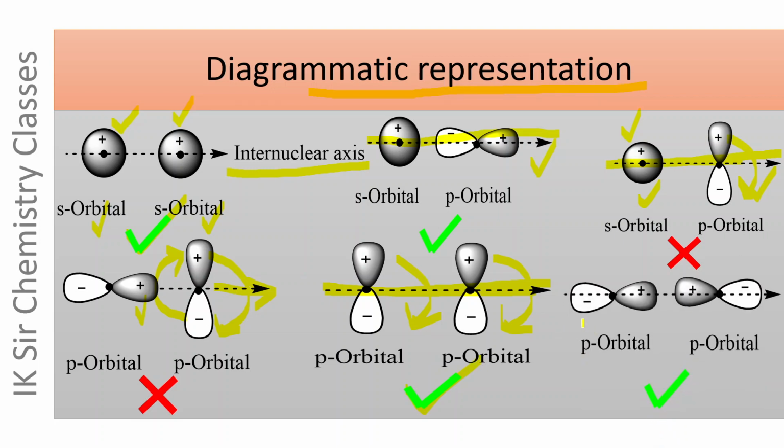Similarly, if both the p orbitals are in horizontal position, this linear combination will be possible because the signs of lobes of these p orbitals will not change during rotation about the internuclear axis. And hence these are some combinations of atomic orbitals whose linear combination are possible or not.